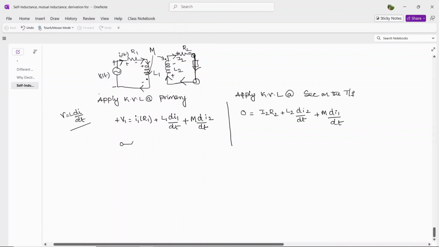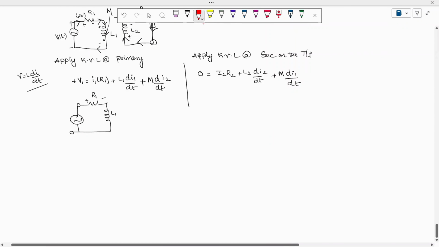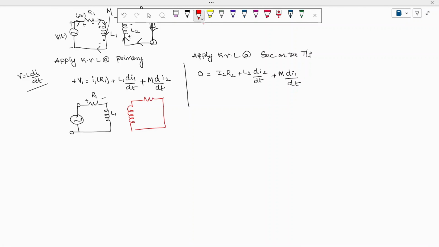Or you can form it with one more method also. Let's try to convert directly into the required format. This is one more inductor, and this is forming a closed path with an AC supply, and here this is of R1 resistance, inductance of L1, and then at the secondary, you have a resistance and the secondary is short circuited, the inductance is L2 and this resistance is R2, and the current is flowing in this direction.